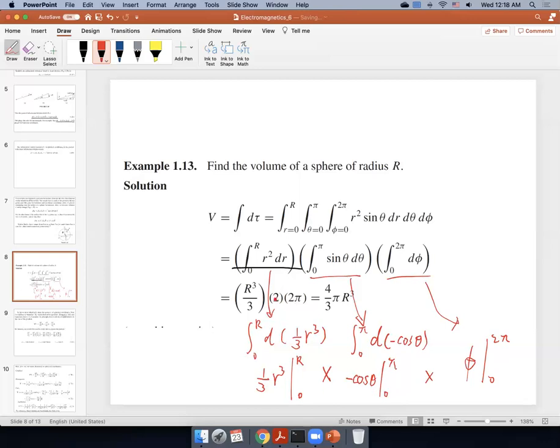Finally, you will get the answer, which is 4 pi R cubed over 3. So this is the volume equation for a sphere, and it could be calculated by this basic volume integral from the spherical coordinates.